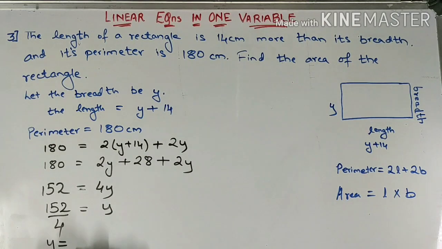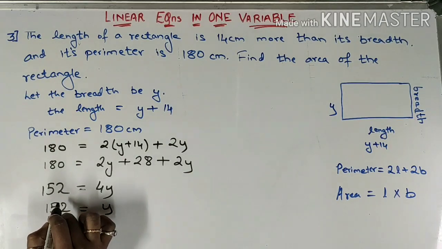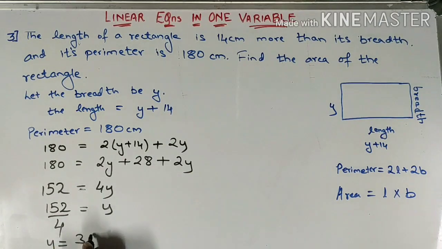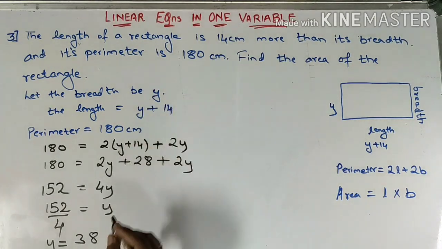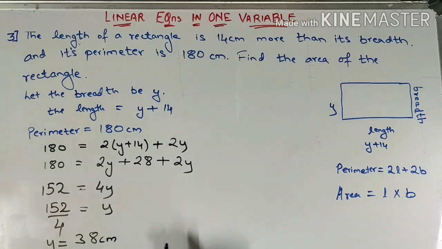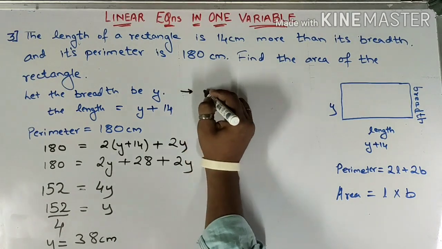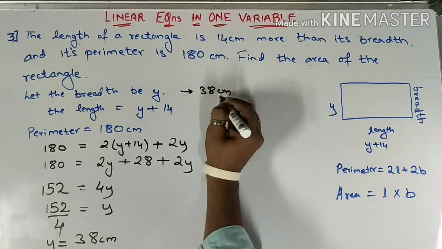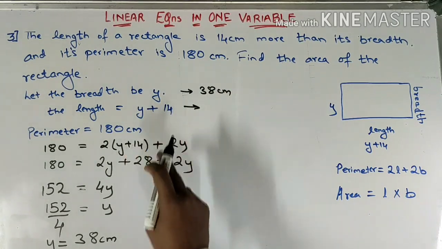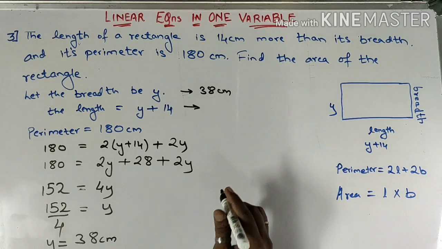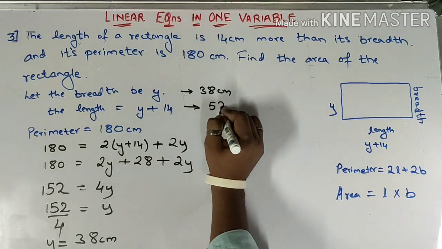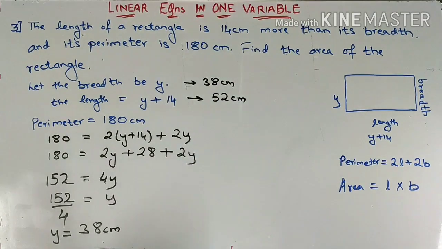Y is equal to 3 4s are 12, and 8. So y is equal to 38. So my breadth is 38 centimeters and length will be 38 plus 14, that is 52 centimeters. Now what else we are supposed to find? We are supposed to find the area.